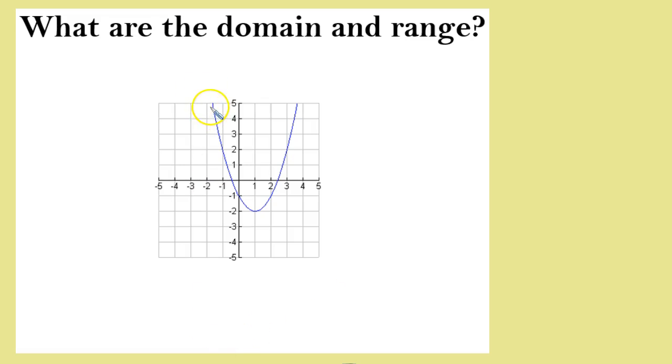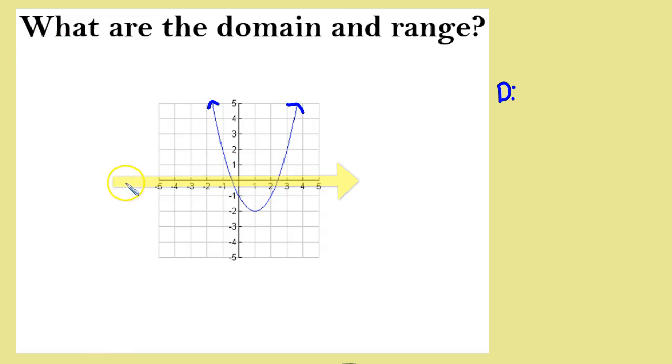Remember, if it goes to the edge of the graph, it's assumed to be an arrow. So we want to know, what is the domain and range of this function? Remember we said that the domain is left to right. We have an arrow on the left, which means that this function keeps going forever to the left. All of these x values to the left forever, negative 1, negative 2, negative 3, negative 4, negative 5, are going to be included as part of this function.